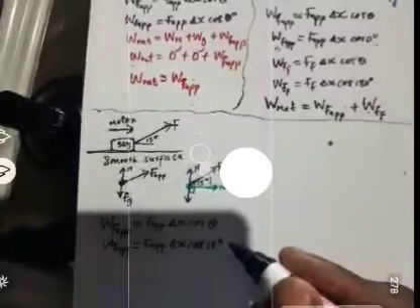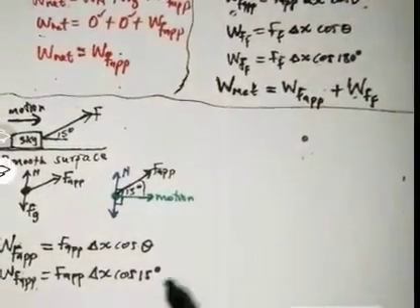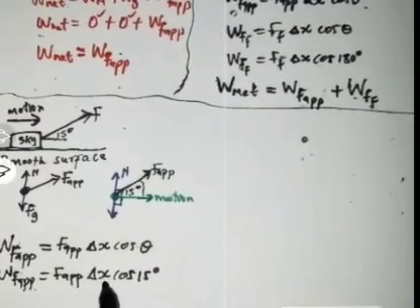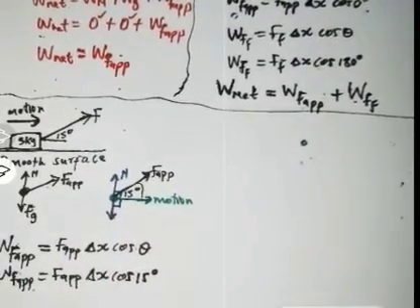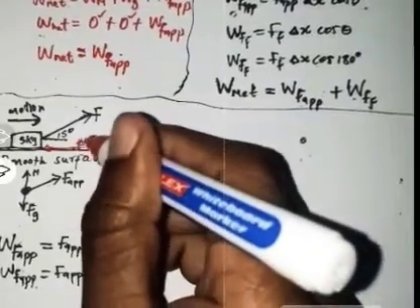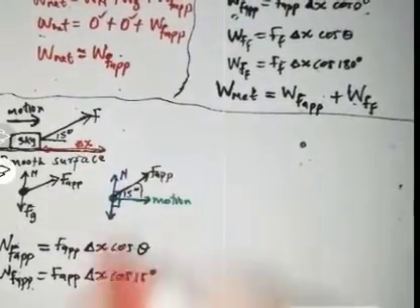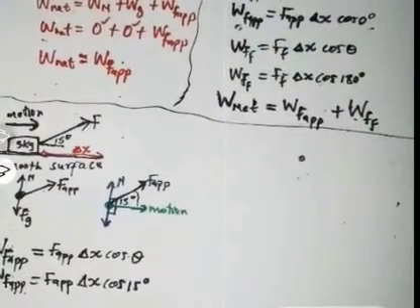Then after substituting that 15 degrees, we can substitute your force applied and the displacement at which the object is moving. So maybe it's moving from here up until here, which is named delta x. The distance, maybe it can be 2 meters or 2.5, any distance that it can move.